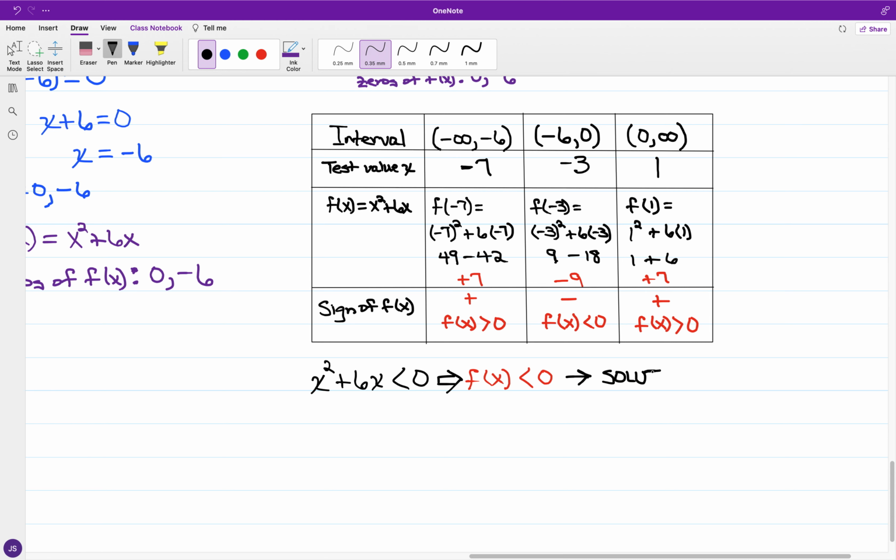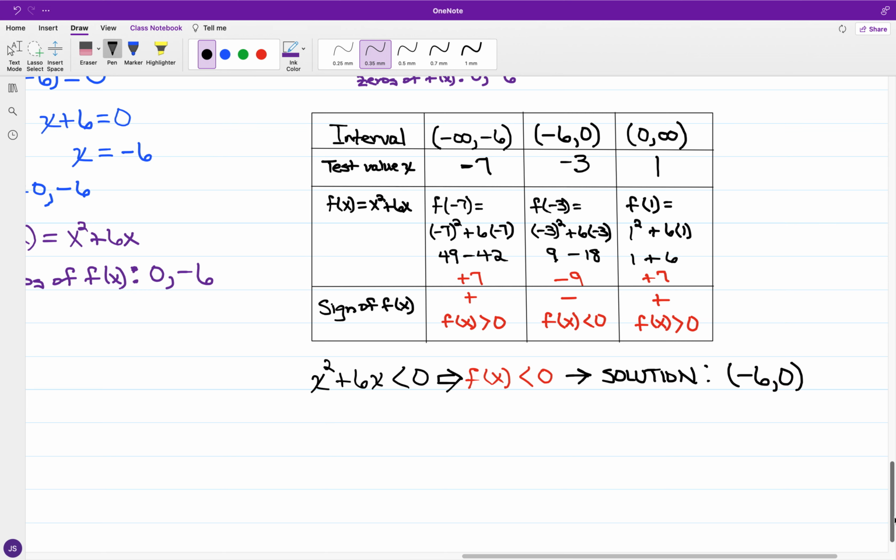And so for the solution, where f of x is less than 0, from the top row the corresponding values of x are such that negative 6 is less than x, which in turn is less than 0. So it'll be that middle interval section.